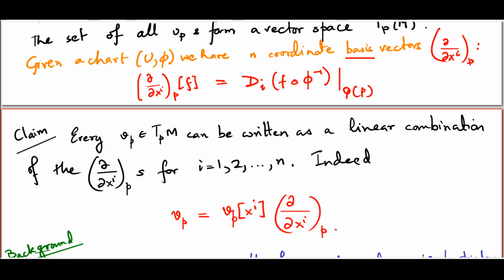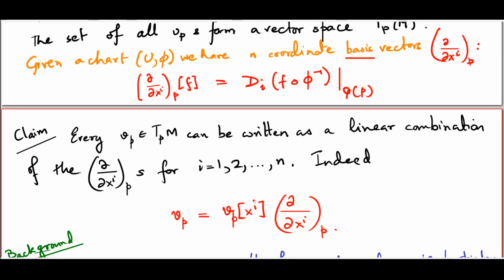We had actually talked about this particular formula for Vp in the last class, and we had made use of it to show several things, including the fact that when you change your coordinate system, or when you are in an overlap region of the domains of two charts, the components of a tangent vector change in the standard way with which we are familiar.